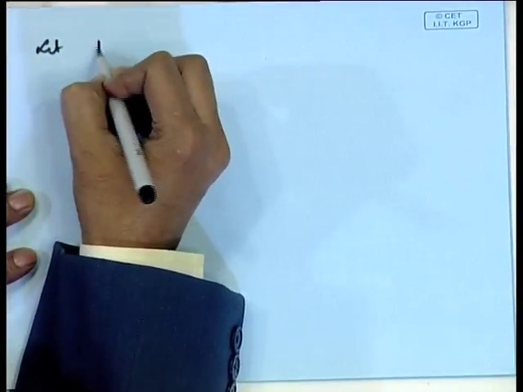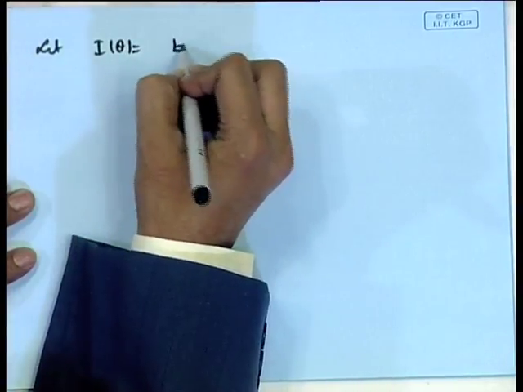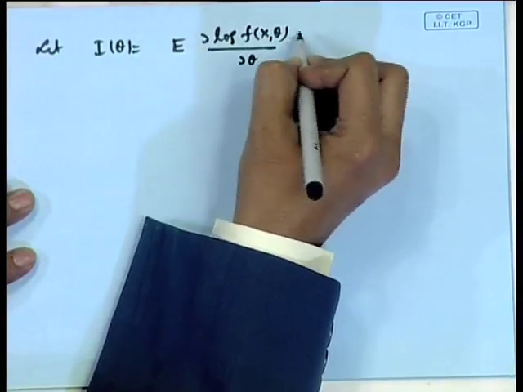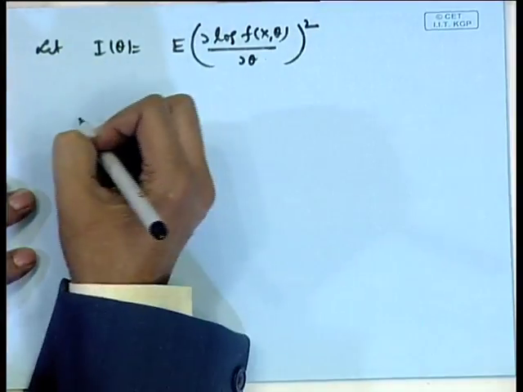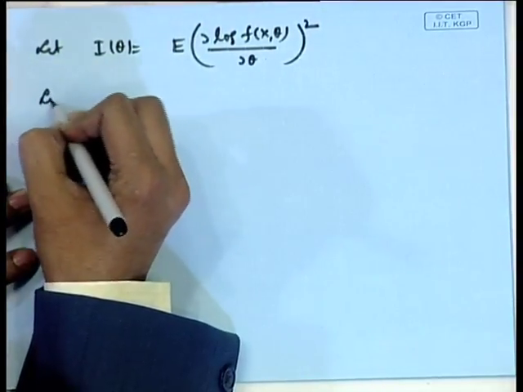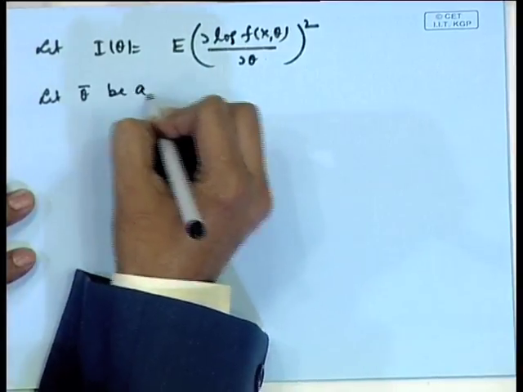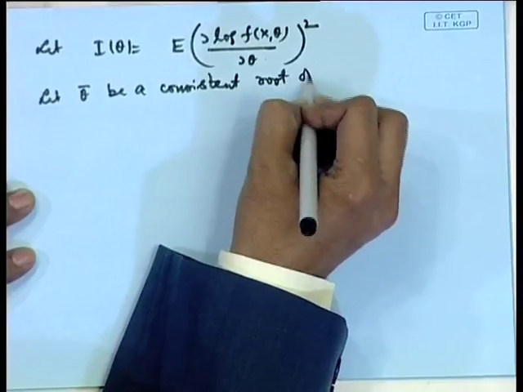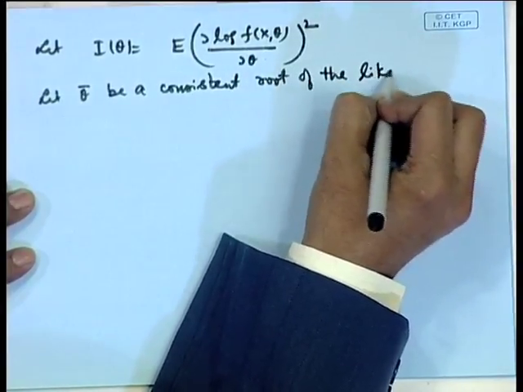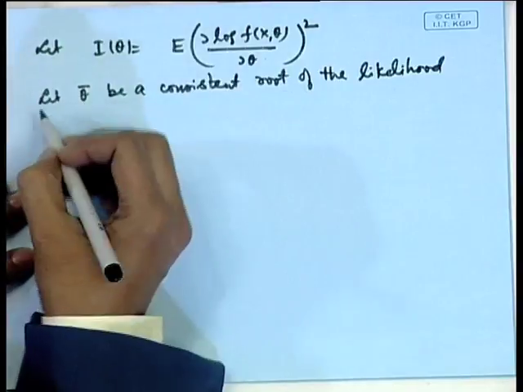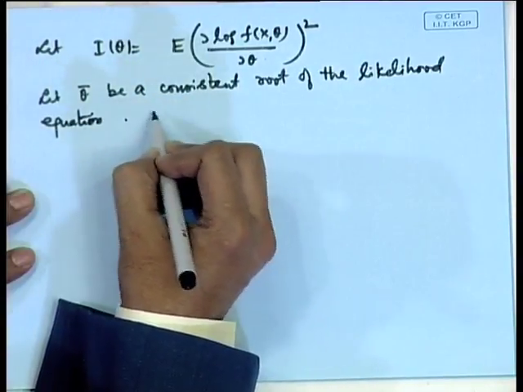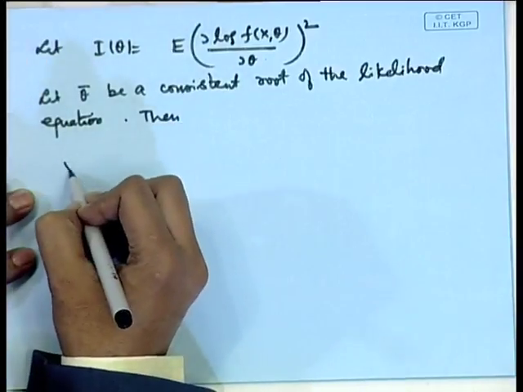So, if I define say I theta as expectation of del log f x theta by del theta whole square, which is actually called the information, let theta bar be a consistent root of the likelihood equation, then we are continuing with those assumptions.